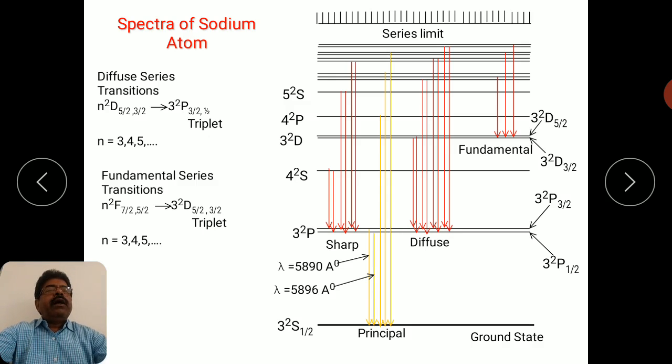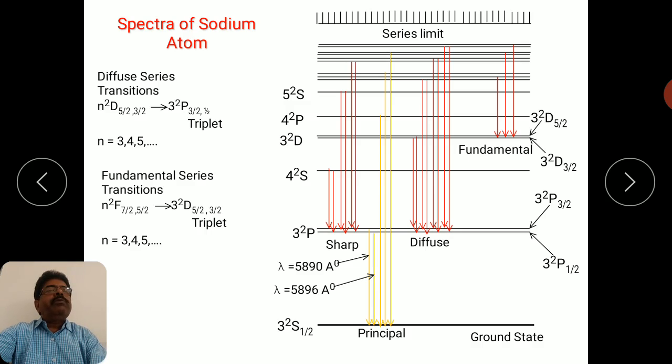Then the last one is the fundamental series. What are the transitions to 3D? 3D has two spectral terms, D 5 by 2 and D 3 by 2, and the transitions come from doublet F 7 by 2 and 5 by 2. So doublet F 7 by 2, 5 by 2 to doublet D 5 by 2 and 3 by 2.